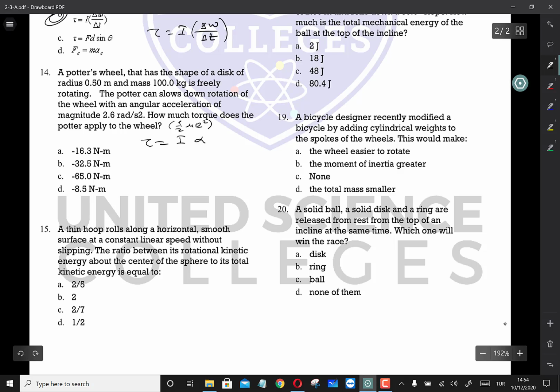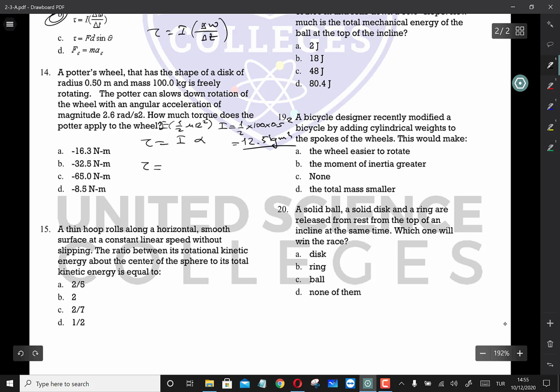We need to first calculate the moment of inertia: 1 over 2, mass is 100, R is 0.5 squared. 0.5 squared is 0.25, multiplied by 100 is 25, divided by 2 is 12.5 kilogram meter squared.